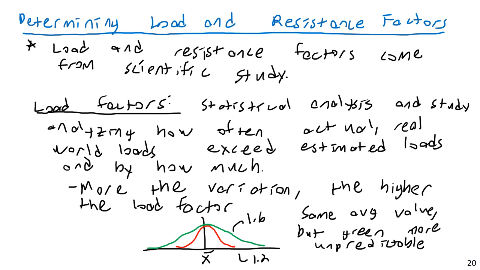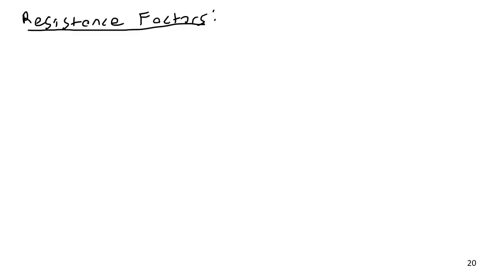They've got grants. They make a research proposal, something like, I want to investigate the variability of seismic loading, and then they do that. They gather a bunch of data and see what kind of spread exists, and then do some statistical analysis to see what load factor we would need to take into account for that variability. So you don't have to perform these analyses yourself. However, all of these are baked into the load factors that we see in the codes.